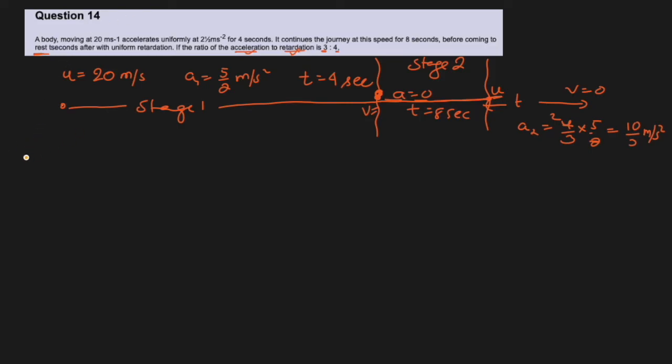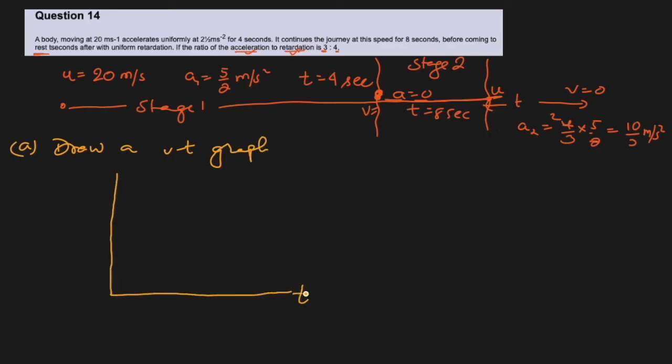So part A was: draw a VT diagram or VT graph for this situation. So we'll do it like this. V here, T here, 0 it starts. U is 20 meters per second. That is, speed at time equal to 0 is 20.